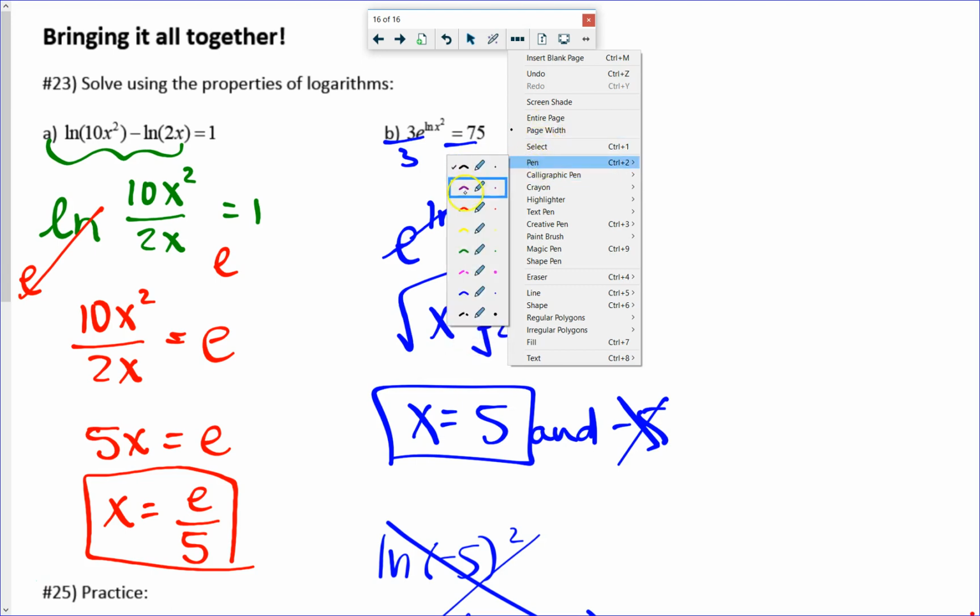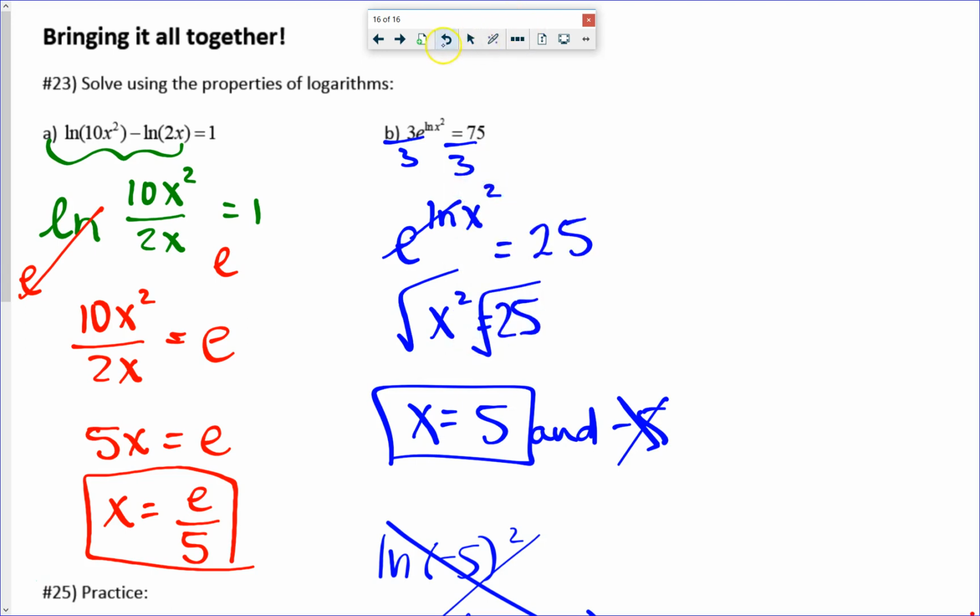Let's do purple. I know it's not on your paper, but it'll help you with your homework. Let's say 4e to the 3x equals 8, and I want you to solve for x.